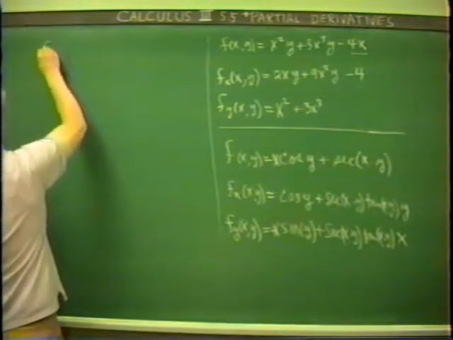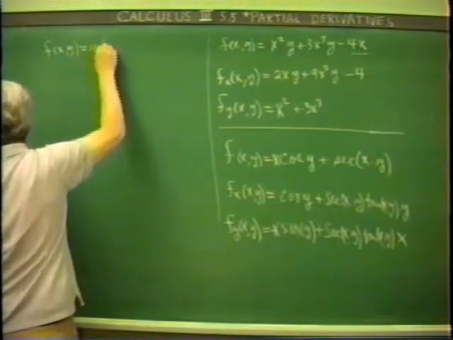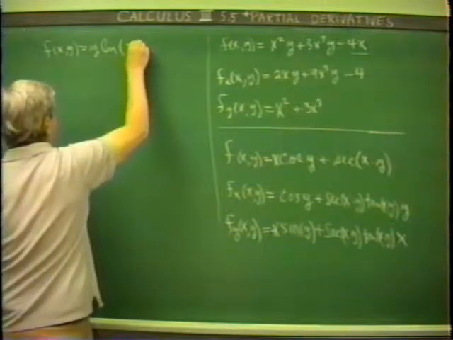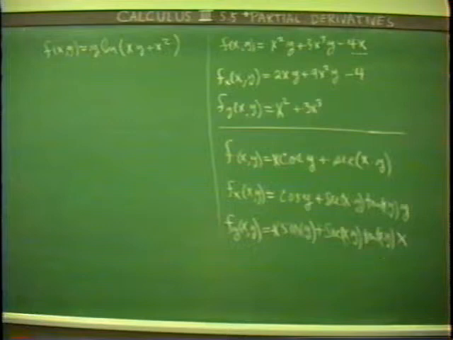Let's take a look at a third example. Let's say f of x and y is equal to y times the logarithm of xy plus x squared.